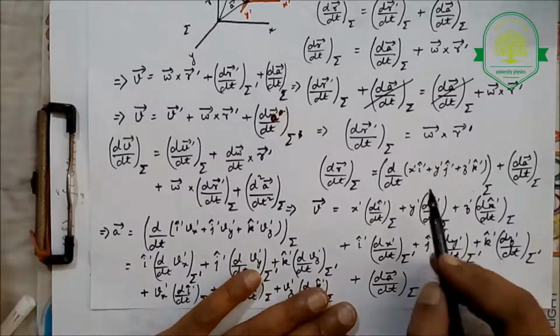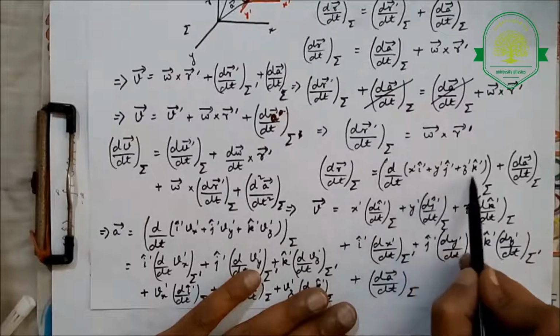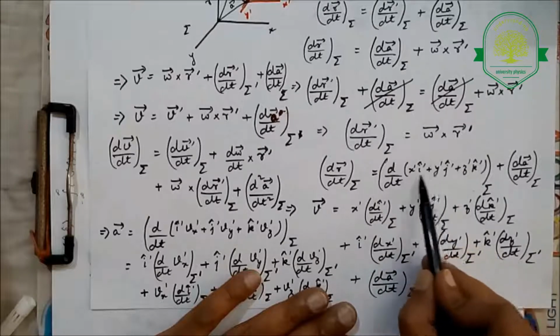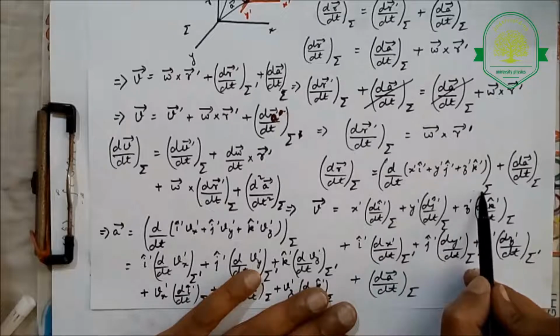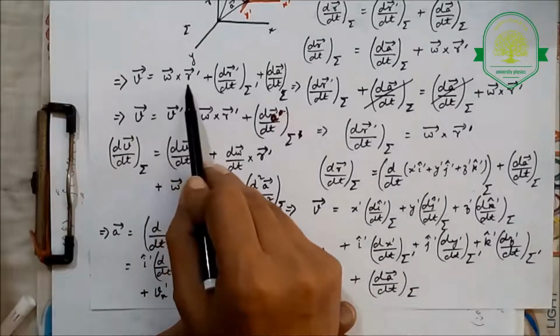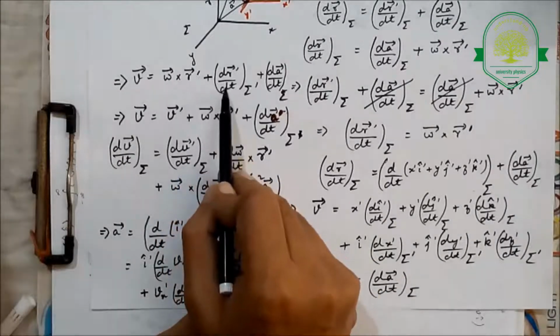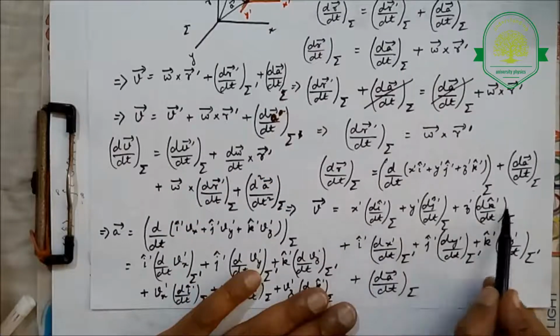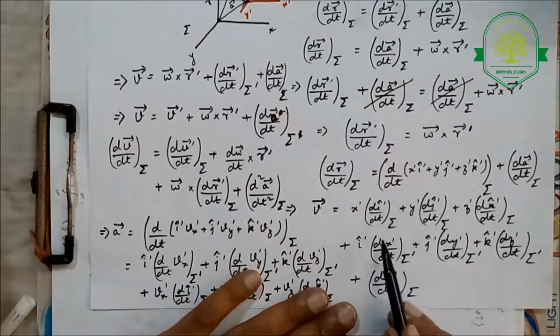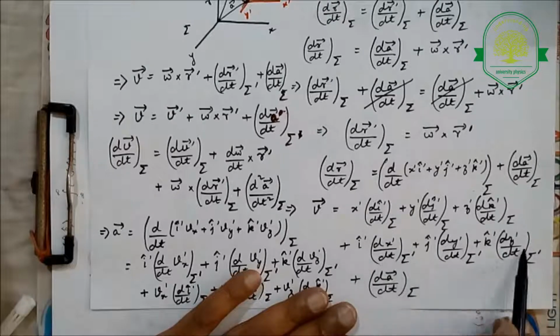So differentiating r primed with respect to time as seen from the sigma frame of reference, we had gotten omega cross r primed plus dr primed over dt as seen from the sigma primed frame of reference. This was our omega cross r primed, and this was the derivative of the r primed vector with respect to time as seen from the sigma primed frame of reference.